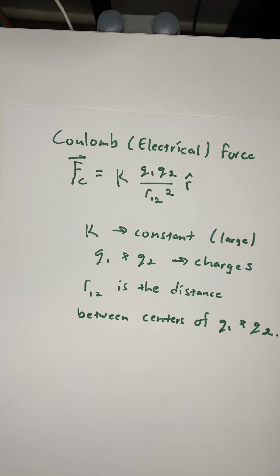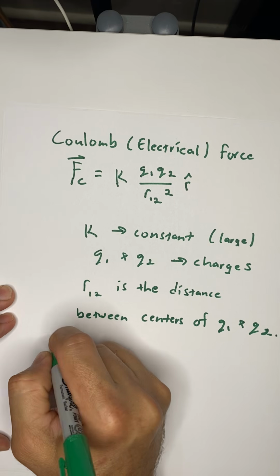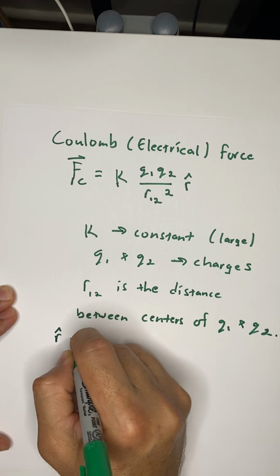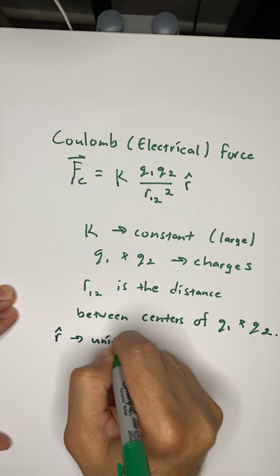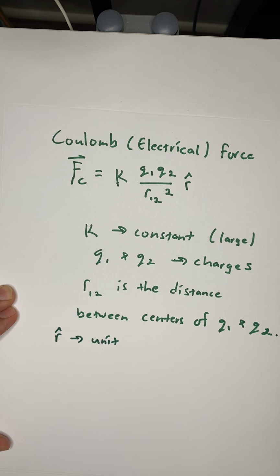This is the form of the Coulomb law, the Coulomb force law. R hat is a unit vector, like I say, a vector with magnitude 1. That's what the hat tells you.